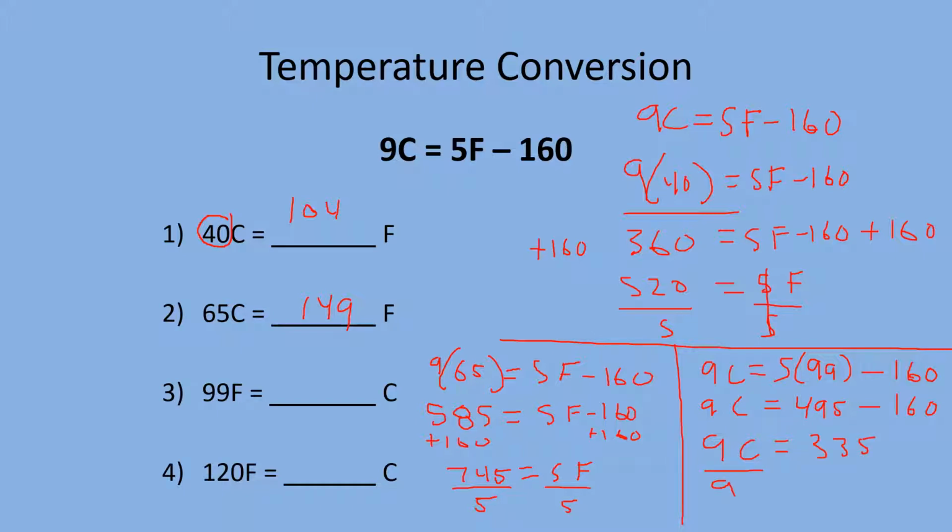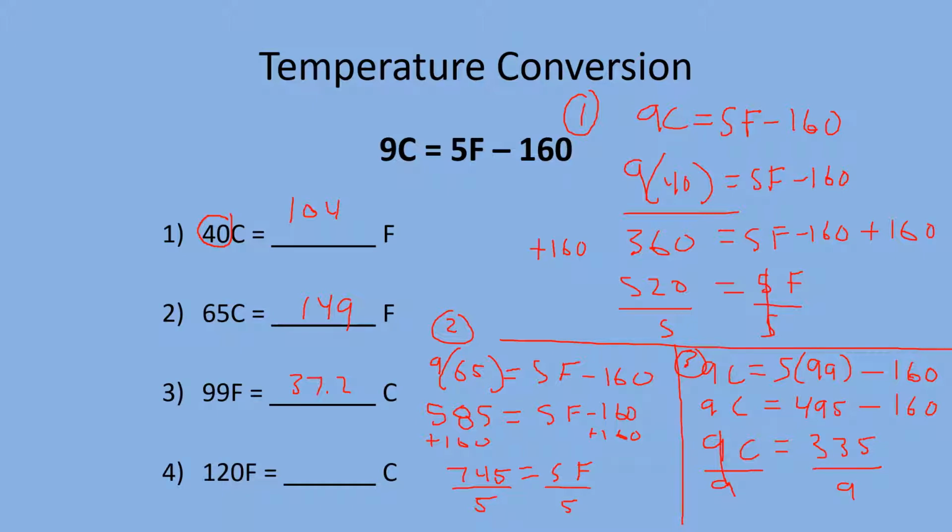And then you divide both sides by 9. C equals 335 divided by 9. 37.2. Yeah, it's a lot of twos after that. Don't worry too much about rounding on these. If you're in the ballpark, 37.2, that's good.